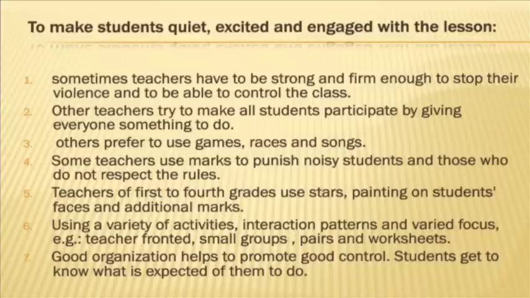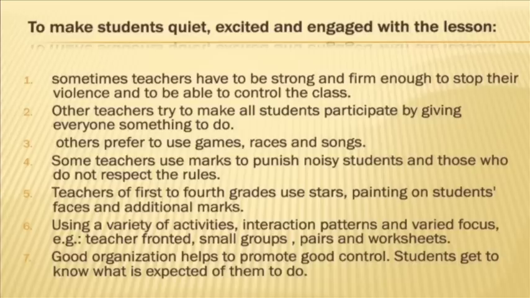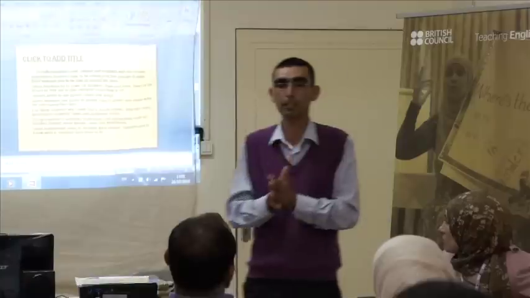The sixth one: using a variety of activities, techniques, and approaches, like teacher-fronted teaching, groups, pairs, different strategies, different methods. The seventh one: good organization helps to promote good control. Students get to know what is expected.